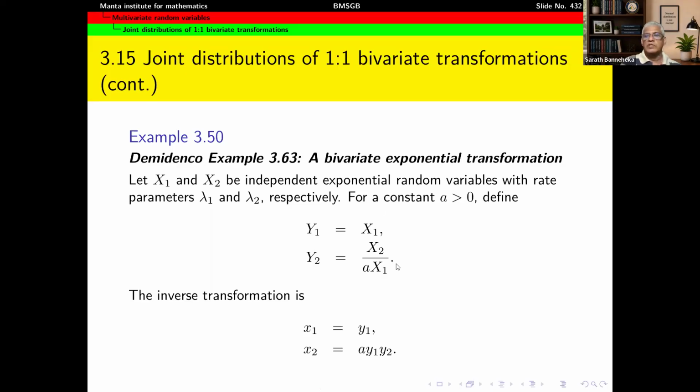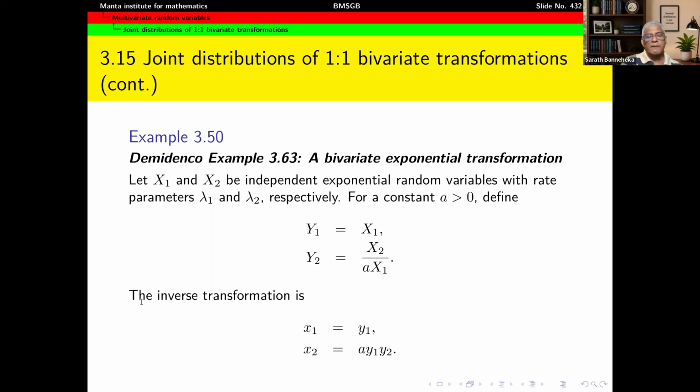So what we need here is to again see that this is a one-to-one transformation. X1 and x2 are independent random variables. X1 is in the interval 0 to infinity, and x2 is also in the interval 0 to infinity. So y1 is also from 0 to infinity, and y2 is also from 0 to infinity.